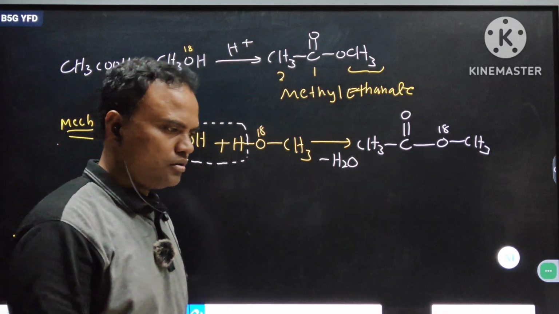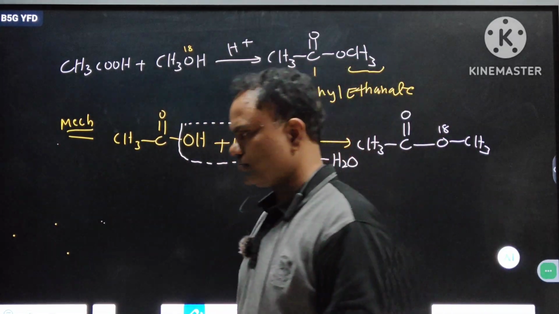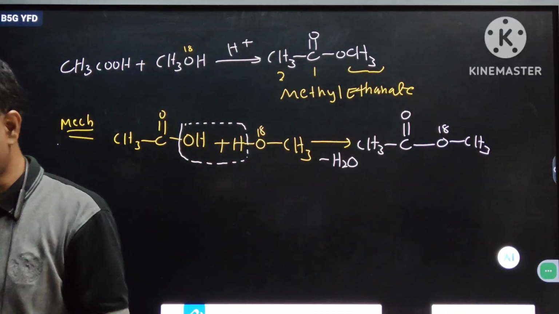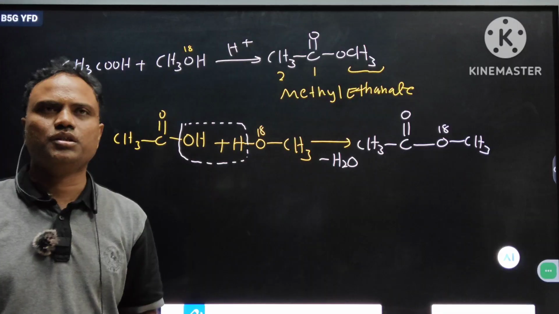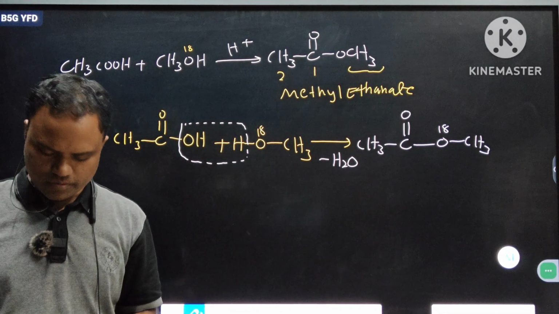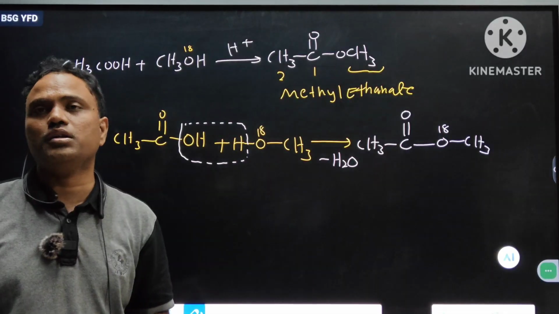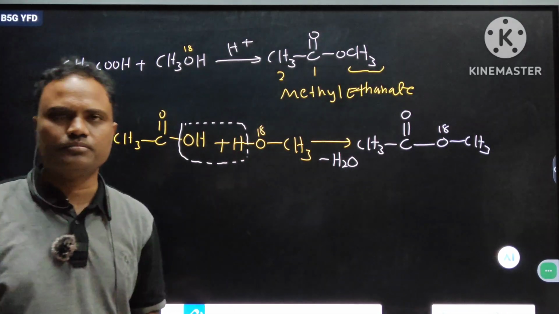For any alcohol or for any acid, follow this shortcut mechanism. Now let us see the original mechanism. Original mechanism is optional only. If you are interested, then learn, otherwise simply skip. But I will explain.